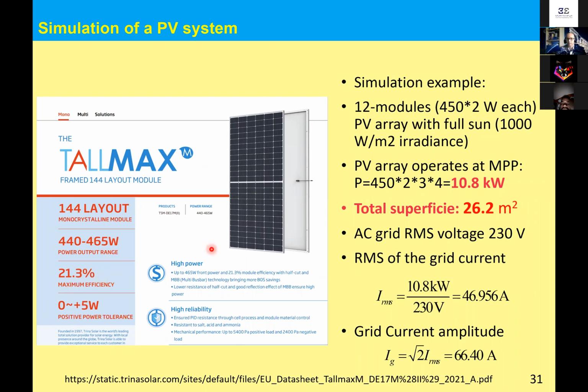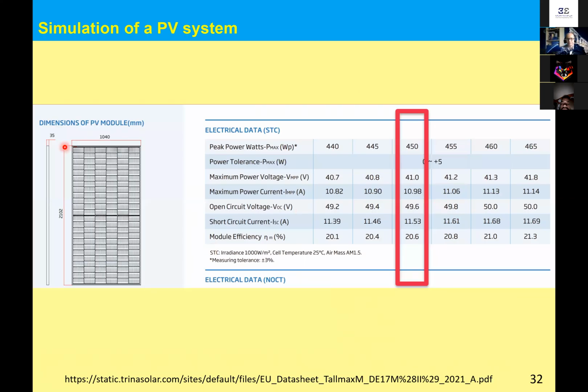The manufacturer also gives the height and the weight of the PV module. It gives also the maximum power voltage, which is about 41 volt for each module, and the maximum power current, which is about 10.98 amperes. And it gives also other important information as illustrated in this table.